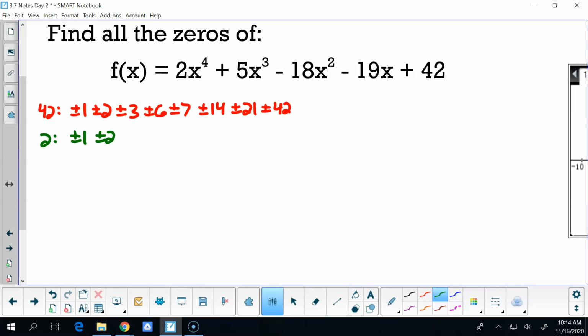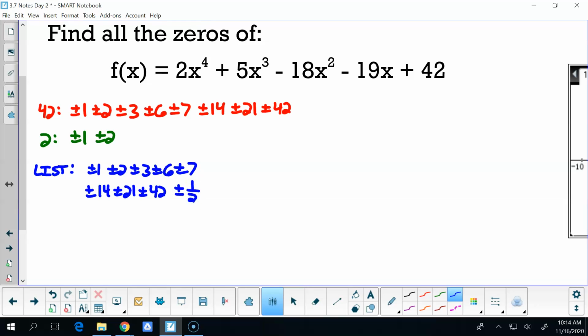So my list here that I'd have to try from would be all of those red ones, and 1/2. 2 divided by 2 is 1, got it. 3 halves. 6 divided by 2 is 3, got it. 7 halves. 21 halves.